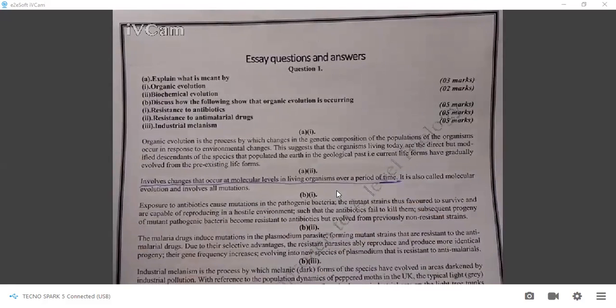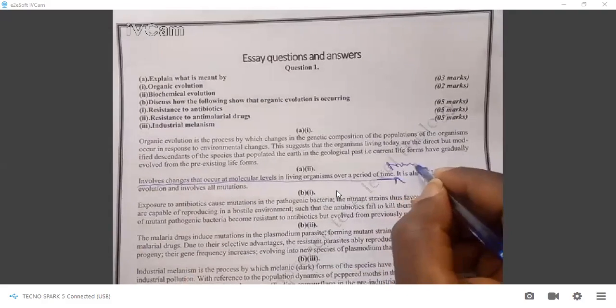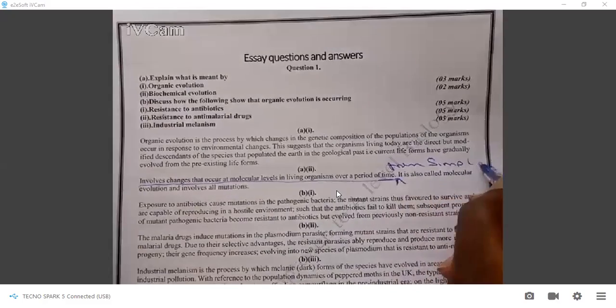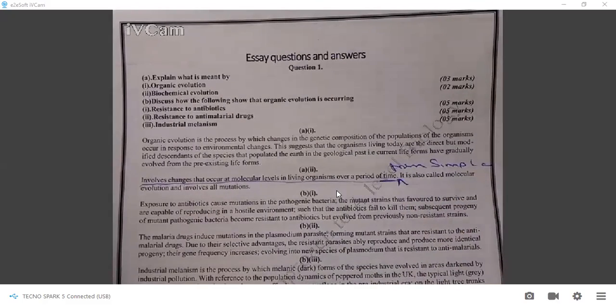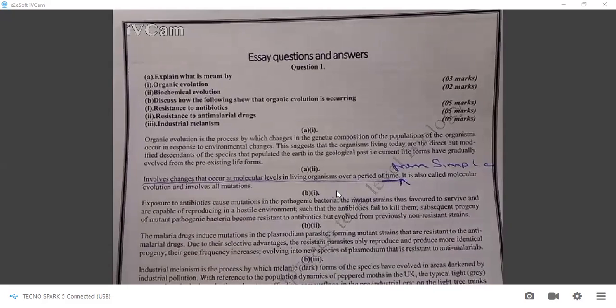All molecules keep on changing from simple to complex, because it started with carbon dioxide, with methane, then it got to amino acids, monosaccharides, then it went to proteins, carbohydrates, then it went to a cell. Therefore, it involves change that occurs at the molecular level in living organisms over a period of time, from simple to complex. That is what we refer to as biochemical evolution.